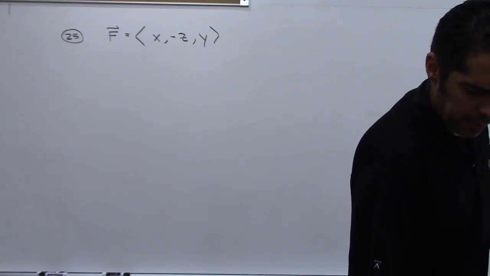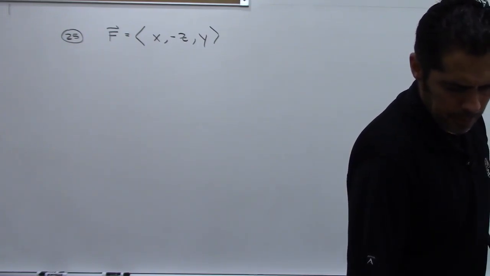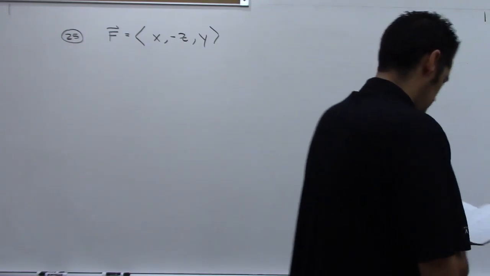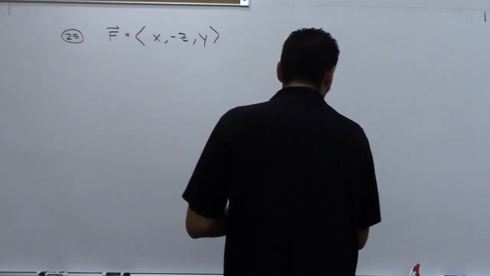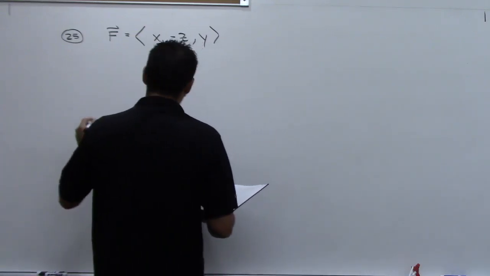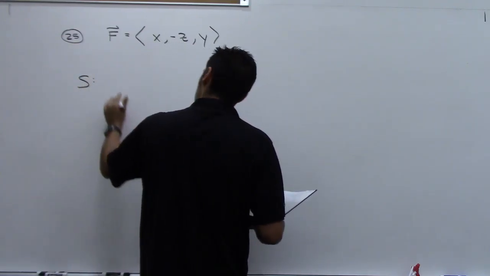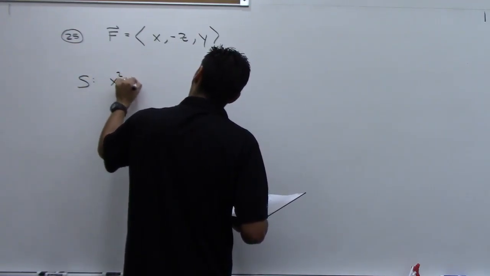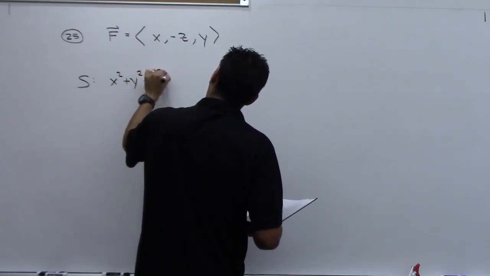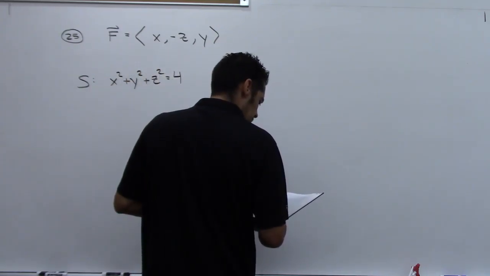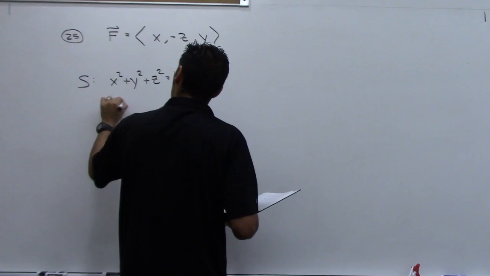That just looks really familiar. Okay, it's not. And then S is the part of the sphere x squared plus y squared plus z squared equals 4 in the first octant.